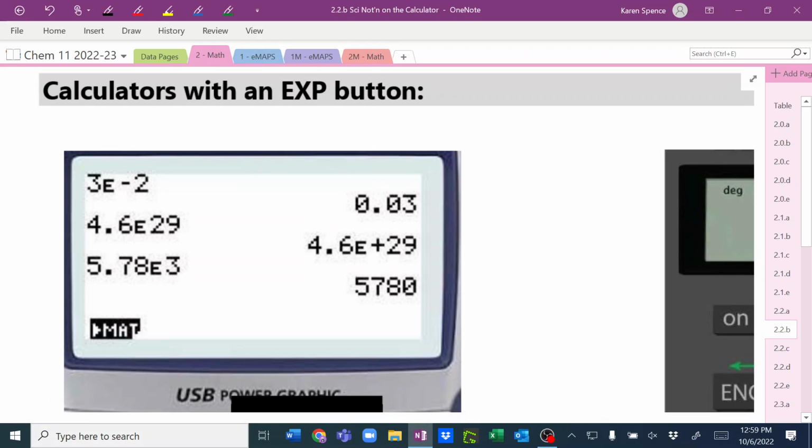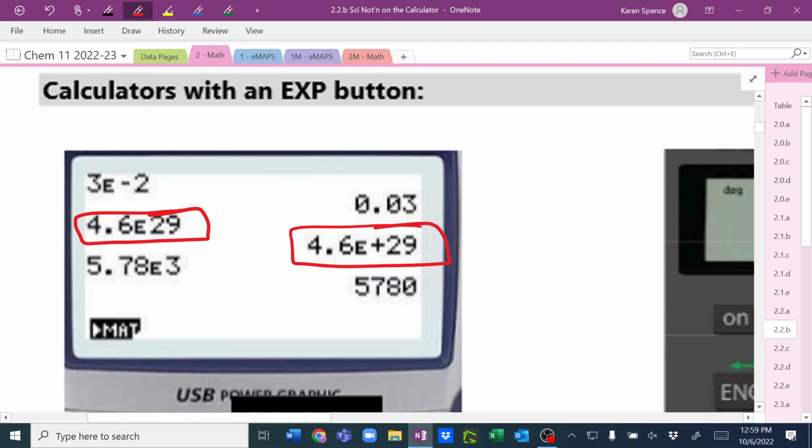Here's one. If you type this in on a calculator, it might appear like this on your calculator. Okay? This would mean 4.6 times 10 to the 29. 5.78 times 10 to the 3 will often just pop up as 5,780. So why don't you actually try punching that one in?